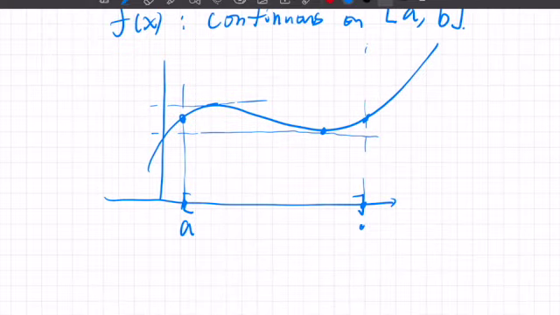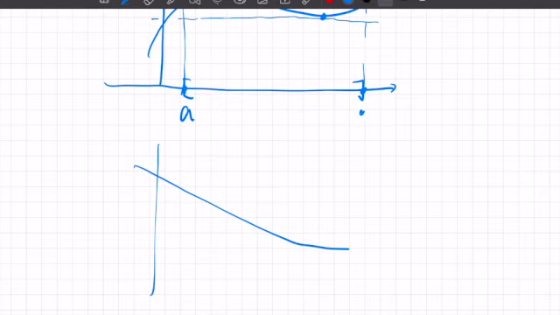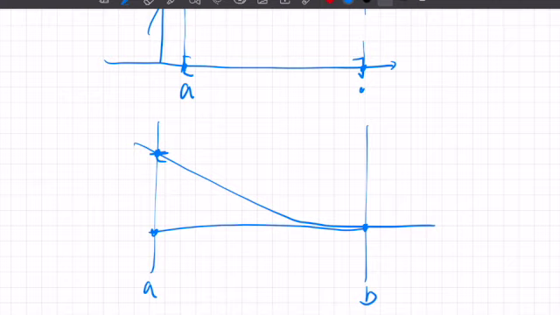And if the function looks like this, for example, between a and b, then the minimum value would be this value, and the maximum value would be this value. So this is the case for continuous functions.